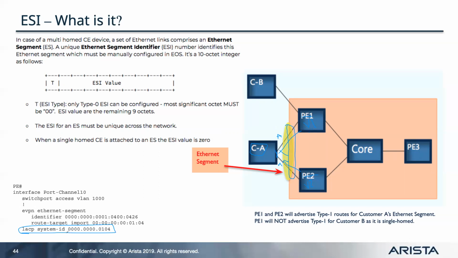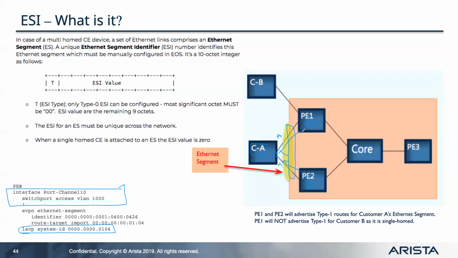So that is automated. But here we have to configure the system ID. So if you configure interface port channel 10 on the switches, this is your configuration, only this much with MLAG.